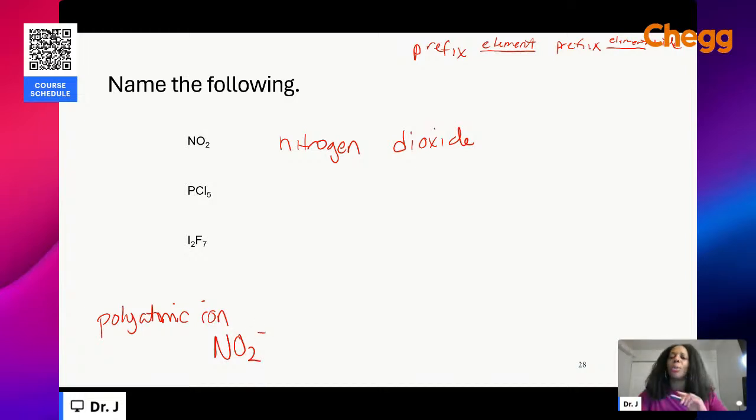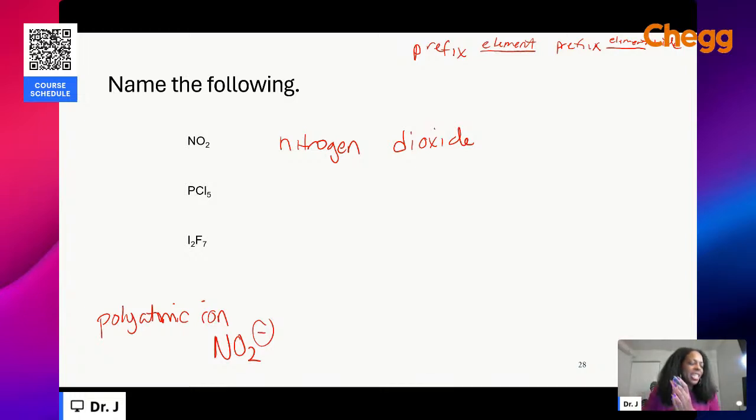Fun fact, when I was doing my PhD, I spent a lot of time measuring nitrite in the eye because that is a sign of damage that could be happening at the optic nerve head. And so very great guess, but the difference between NO2 minus, that minus sign there, that's an ion, that's a group of atoms that are stuck together, okay? All right, so hopefully that helps, Maddie.